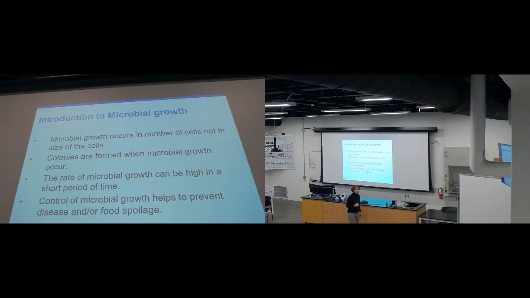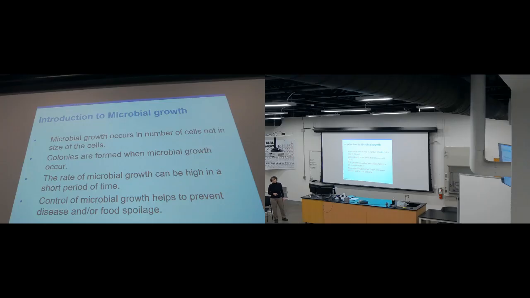The rate of microbial growth can be high and can happen in a short period of time, especially if the conditions are good, like the ideal pH, a good amount of nutrients, water, and ideal temperature. In this case, you expect to see better microbial growth than when there are restrictions.